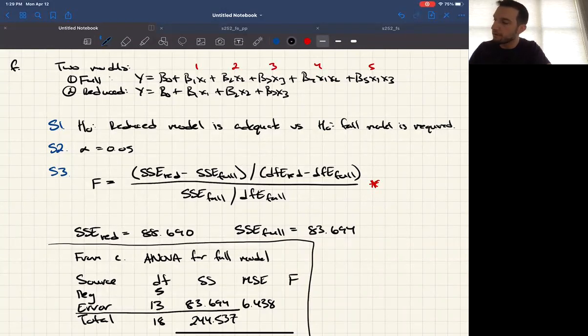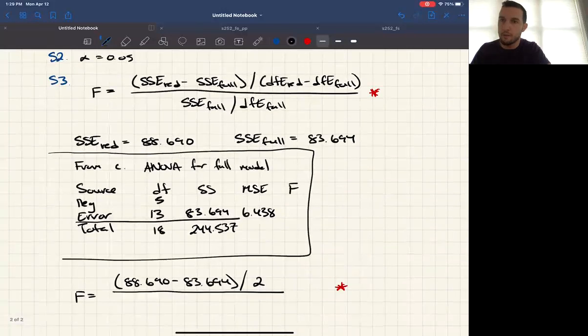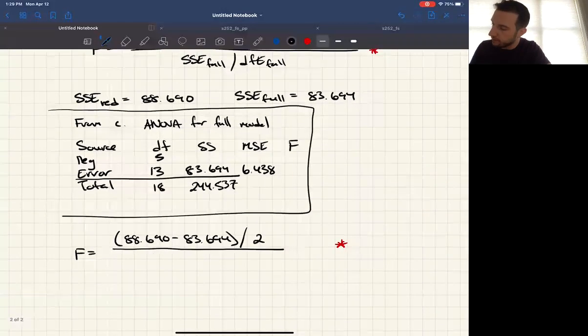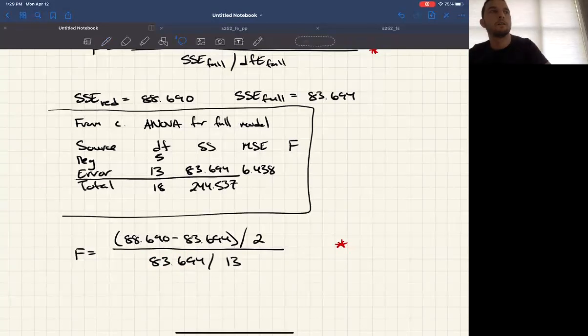Our full model has 5 terms, our reduced model has 3 terms, so the difference in their degrees of freedom is 2. Then we divide by what is actually just the MSE for the full model, which is 83.694 divided by 13. Does that make sense? Any questions?